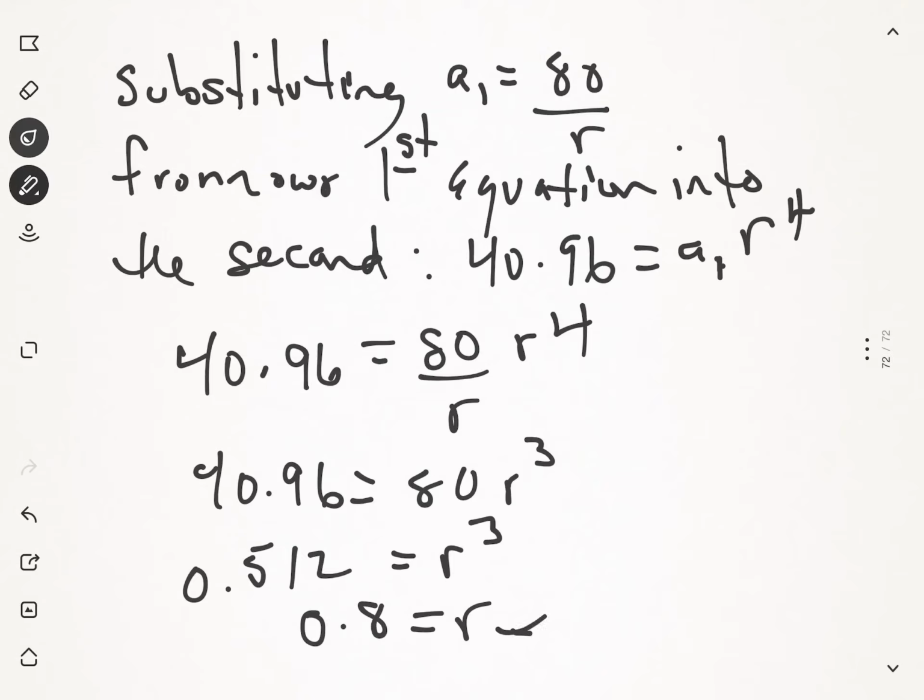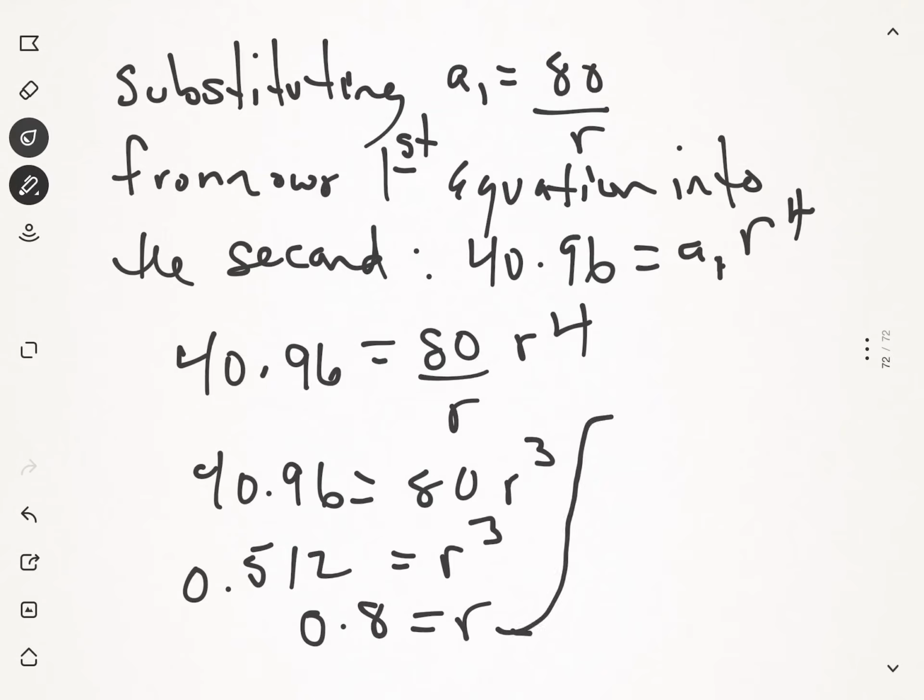So I'm just going to carry my work right over here. So a1 equals 80 over r, which is 80 divided by 0.8.